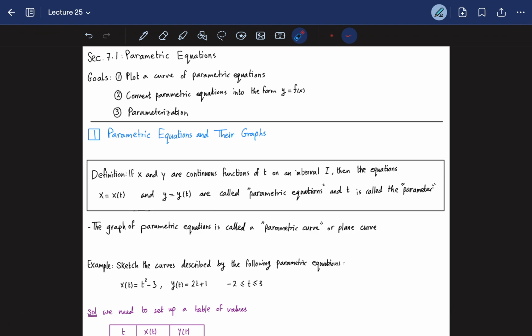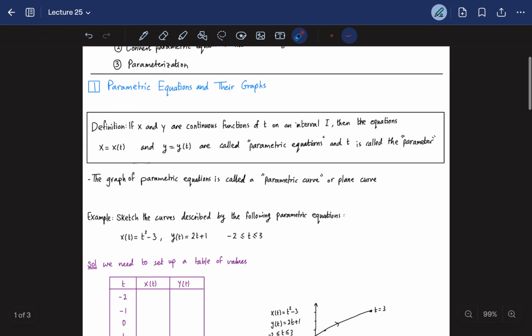Here you have to be careful. When I say x and y here, they represent functions. They have equations. Now the graph of parametric equations, we can either call it a parametric curve or a plane curve.